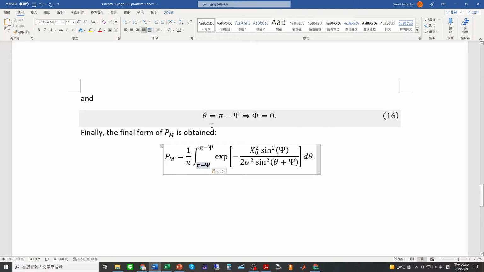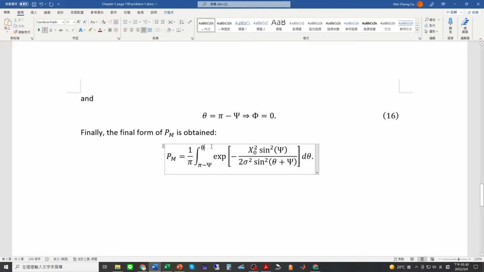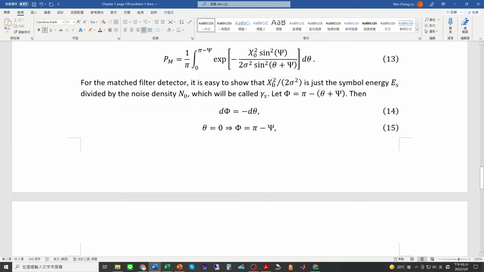And when theta is equal to pi minus psi, phi is equal to 0. So the upper limit should be changed to 0. And x0 square over 2 sigma square can be changed to gamma s.